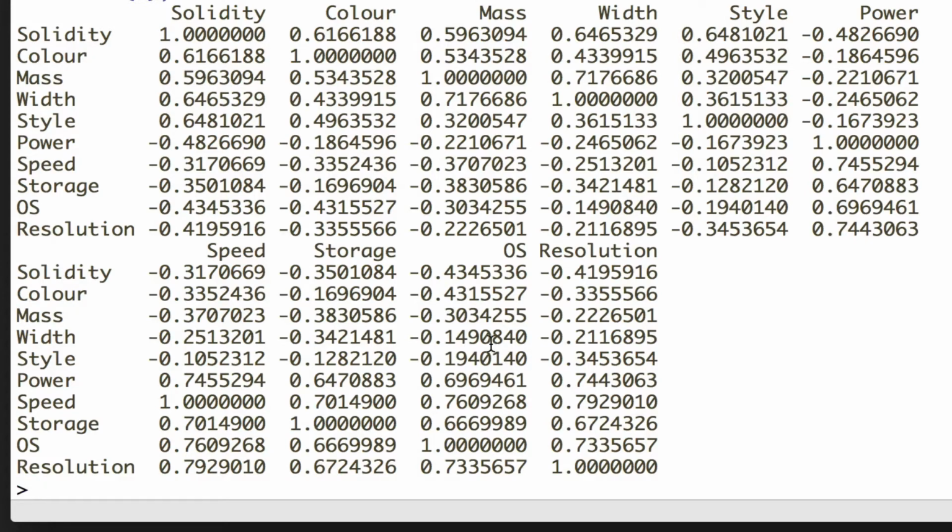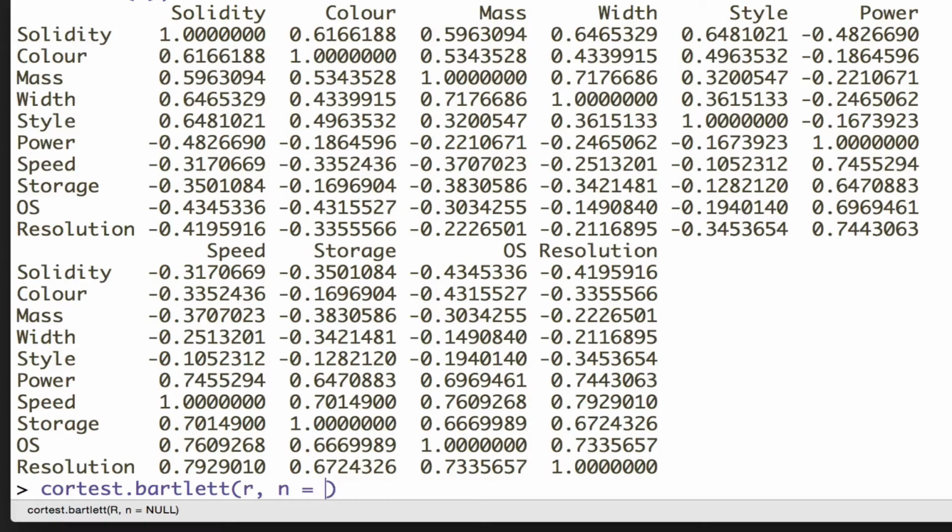So we want to run Bartlett's test of sphericity, and to do that we're going to do cortest.bartlett, and then we want to give it our correlation matrix, so that's called R, and we also need to tell it the sample size.